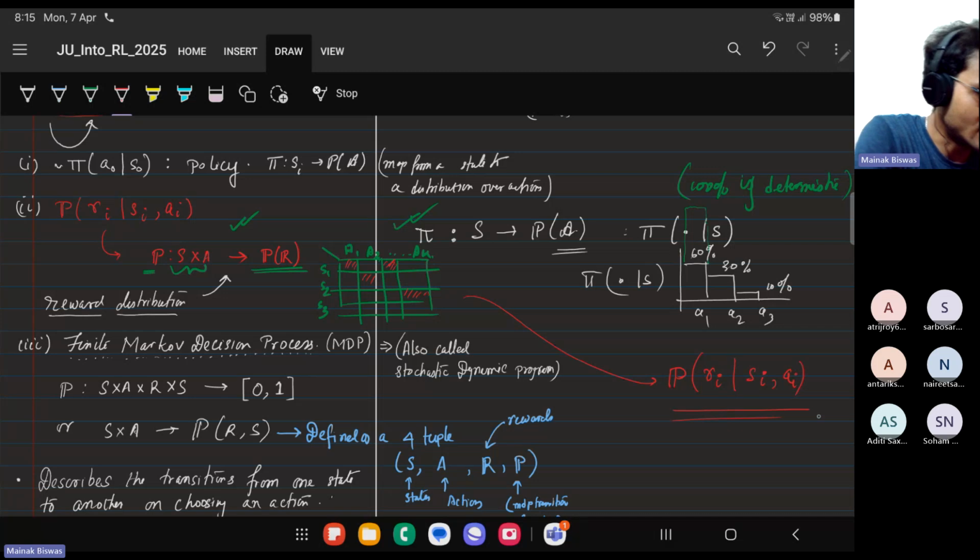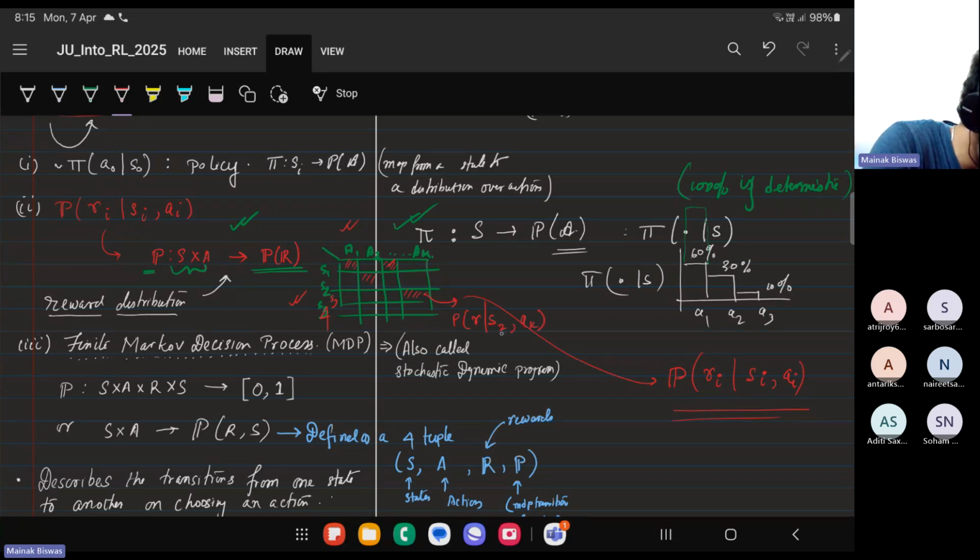Given the state and action, I have the rows and the columns, actions and states. What is the probability of a reward given state S2 and action AK, or S3 in this case?